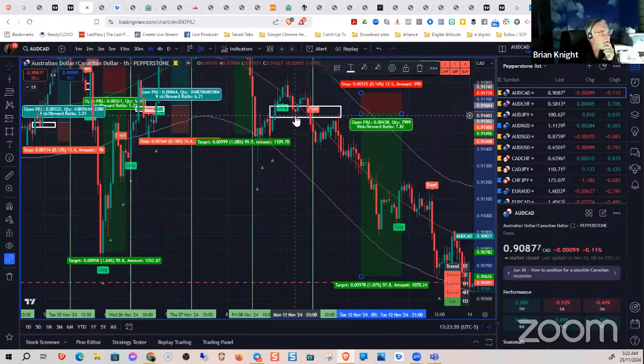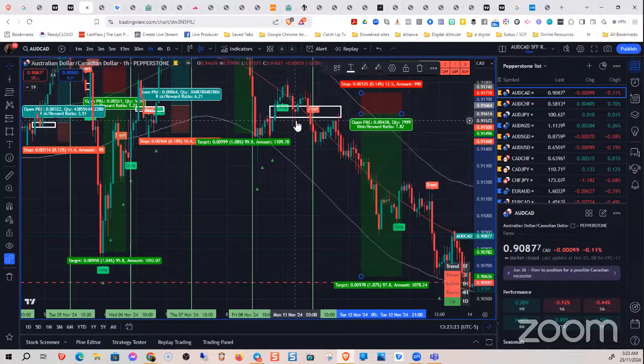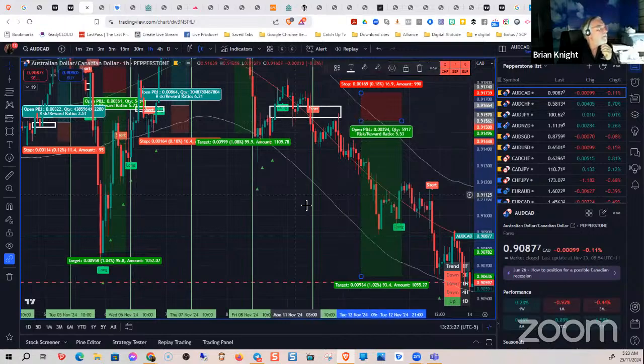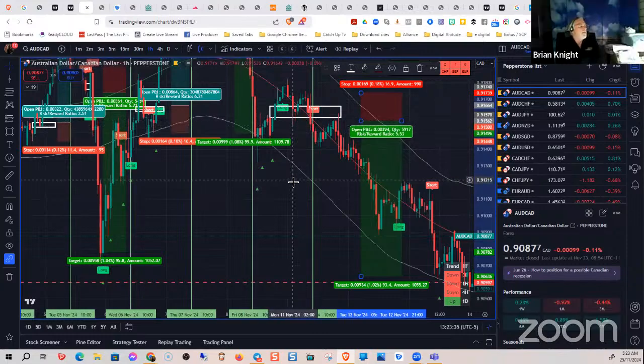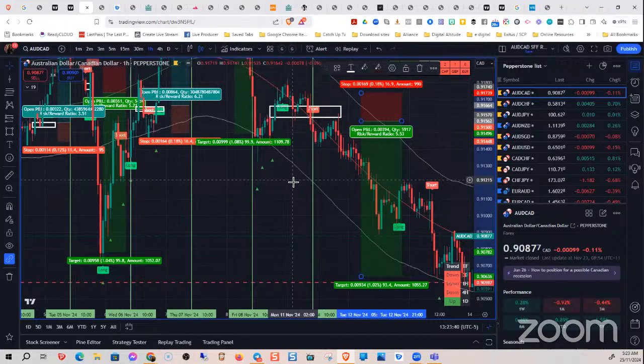Right there. So at the bottom of that red wick? You want the last red wick. Oh no, that's further down even. No, it's the last red wick that was sticking up this side of the fair value gap. Oh, right, okay.